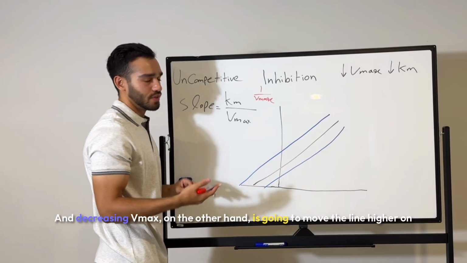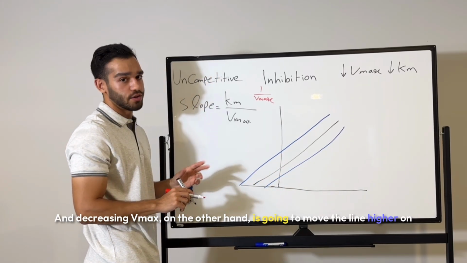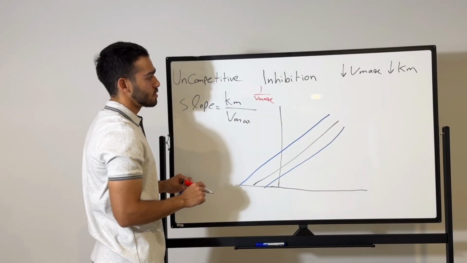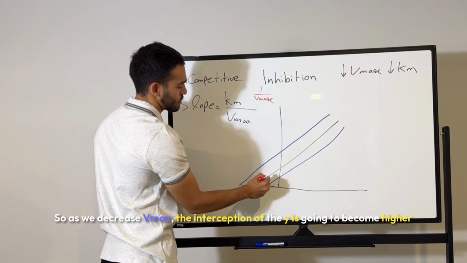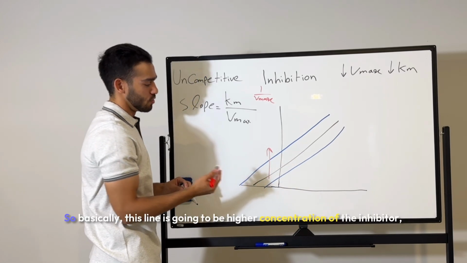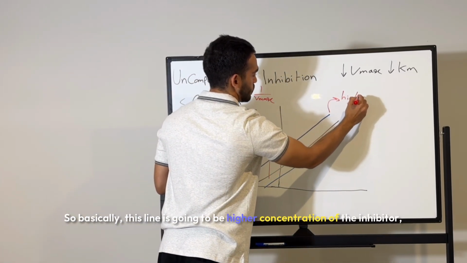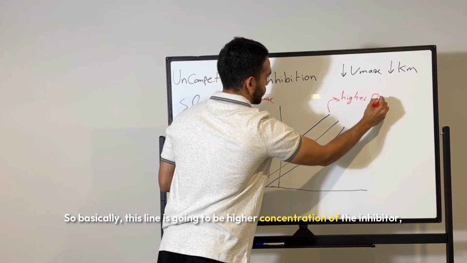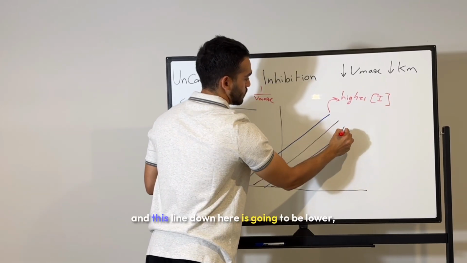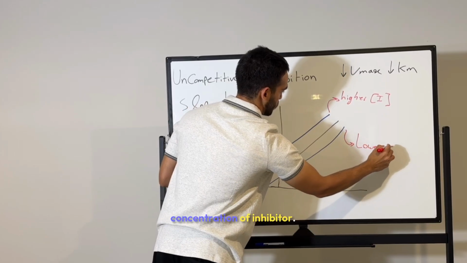And decreasing Vmax, on the other hand, is going to move the line higher on the y-intercept. So as we decrease Vmax, the interception of the y is going to become higher and higher. So basically, this line is going to be higher concentration of the inhibitor, and this line down here is going to be lower concentration of inhibitor.